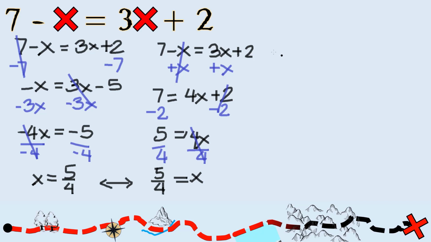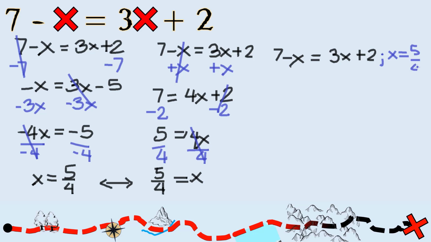This time, we are going to do the checking. And take note, we will have a fractional value for our unknown. So you really need to remember the operations on fractions together with their application with a rational number, or specifically an integer. Our x here is 5/4.